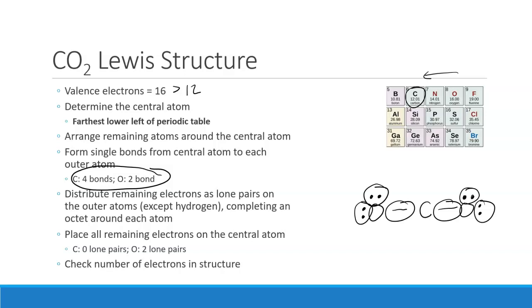At this point, what we're going to do is create what we call a double bond. A double bond is represented by 2 lines, and there is such a thing as a triple bond represented by 3.